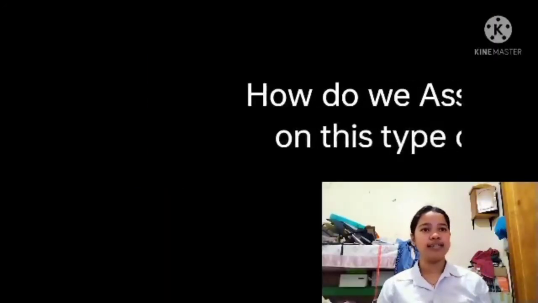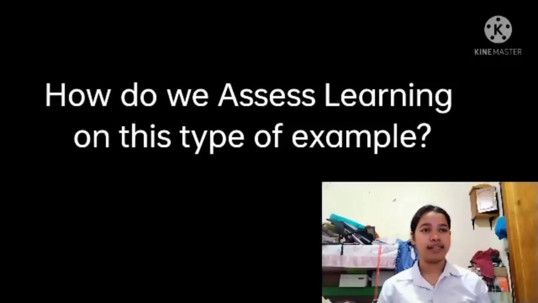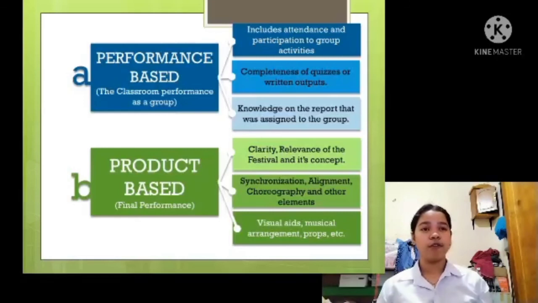How do we assess learning in this type of example? You can use the performance-based or classroom performance as a group. It includes attendance and participation in group activities, the completeness of quizzes and written outputs, and knowledge of the report that was assigned to the group.